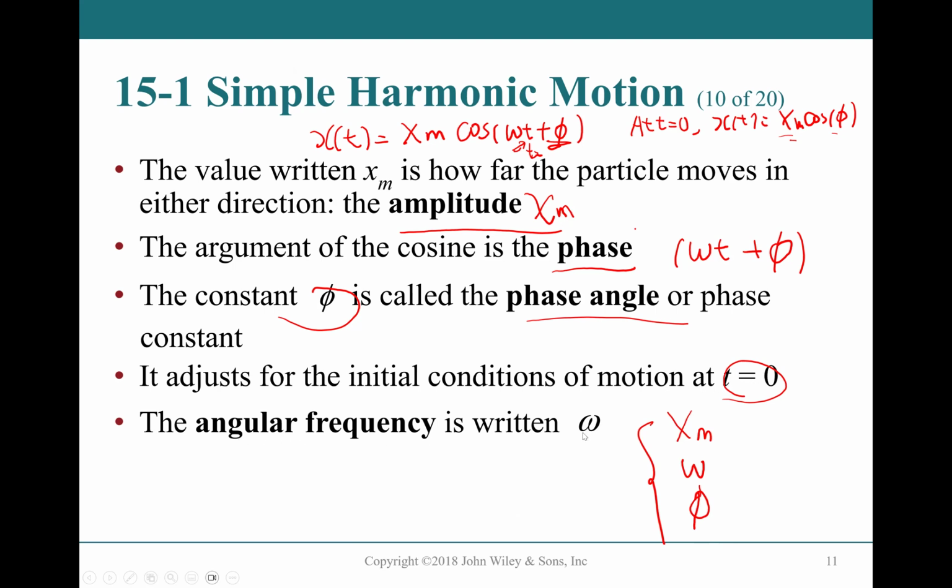And we have angular frequency, which is omega. Omega equals 2 pi times the frequency, or 2 pi divided by the period. So with xm, omega, and phi, we can predict the position of the object as a function of time. So remember, this is a cosine function. xm is outside, and then cosine omega t plus phi.